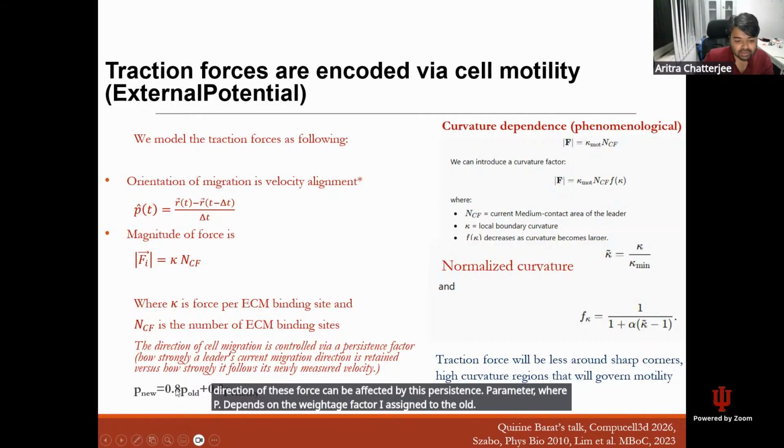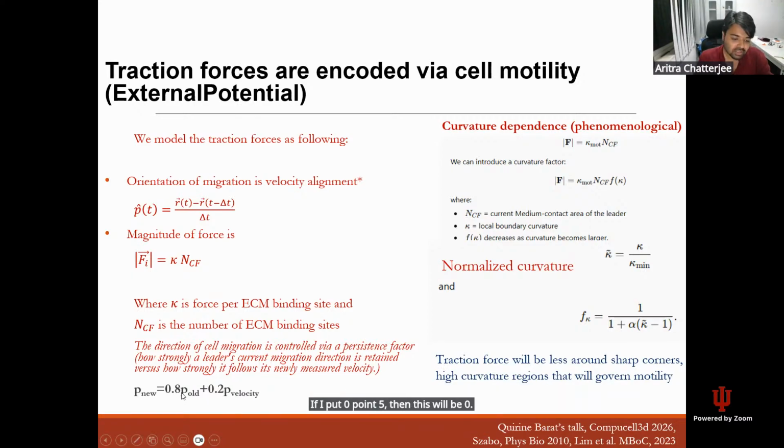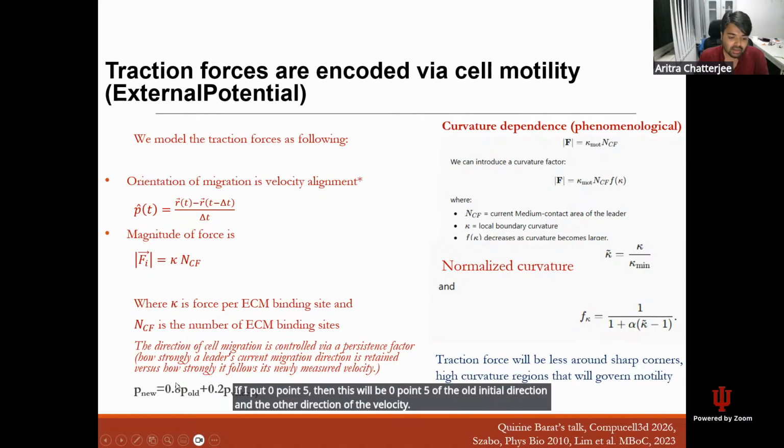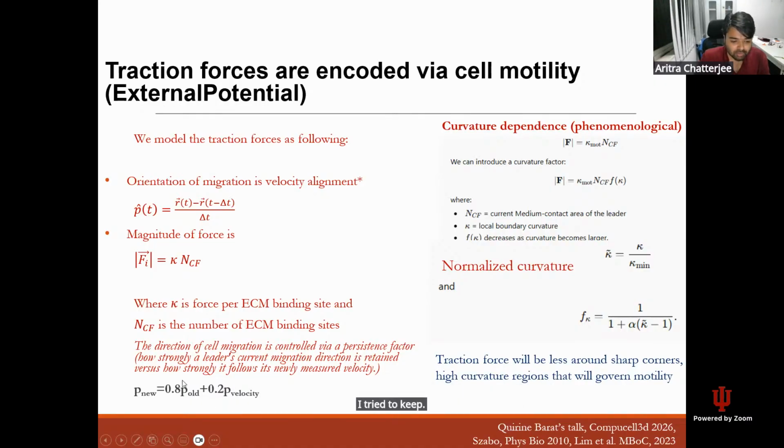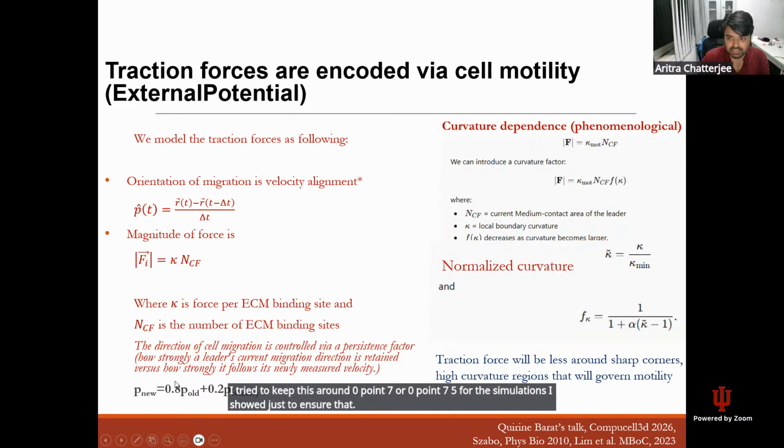So if P equals 0.8, this is basically the persistence parameter. If I put 0.5, then it will be 0.5 of the old initial direction and the other 0.5 the direction of the velocity. So I tried to keep this around 0.7 or 0.75 for the simulations I showed, just to ensure that the cell migration had some persistence.